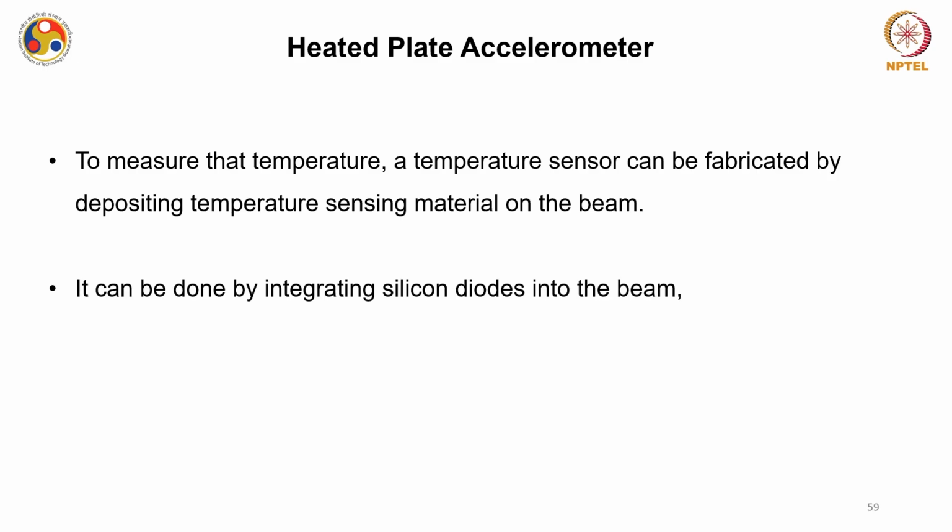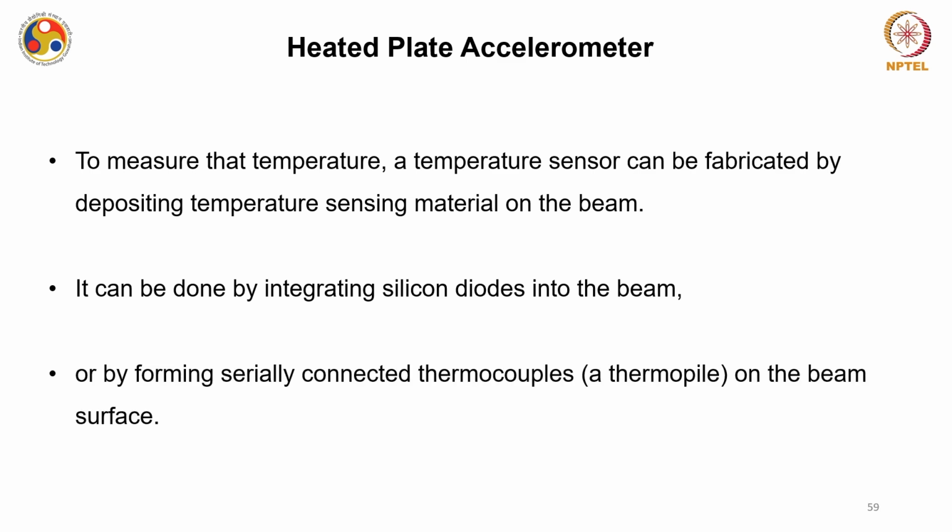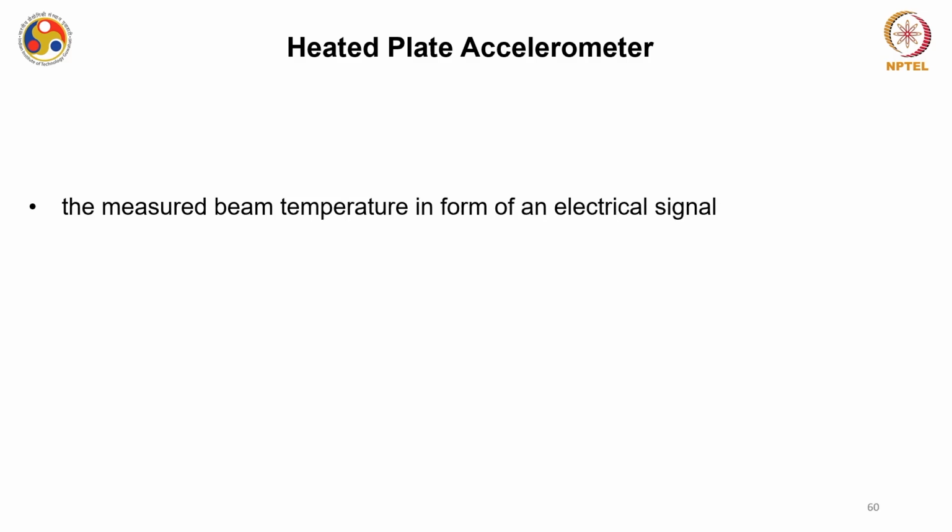This can be done by integrating silicon diodes into the beam, or by forming serially connected thermocouples or a thermopile on the beam surface directly. So the measured beam temperature in the form of an electrical signal is basically the measure of acceleration, and that is how a heated plate accelerometer works.